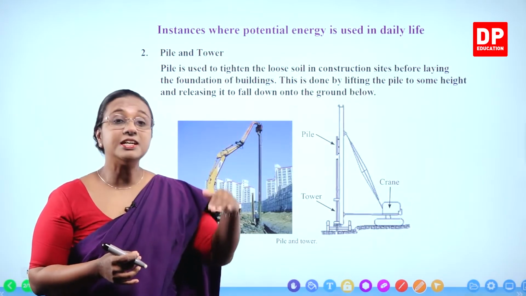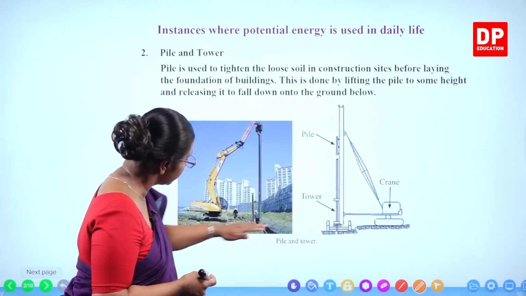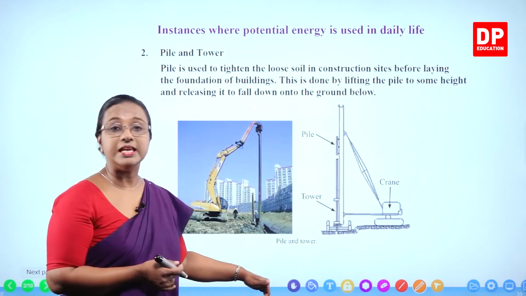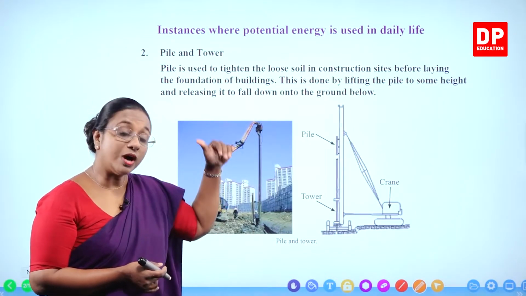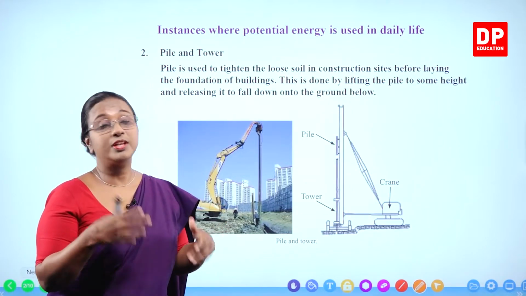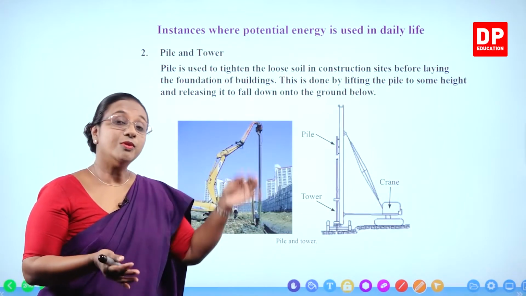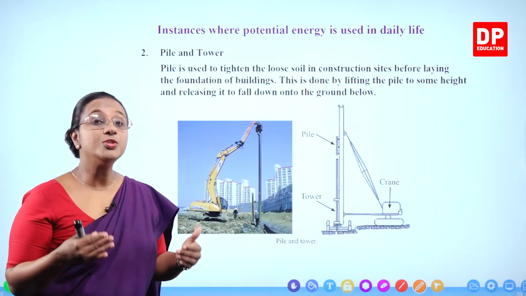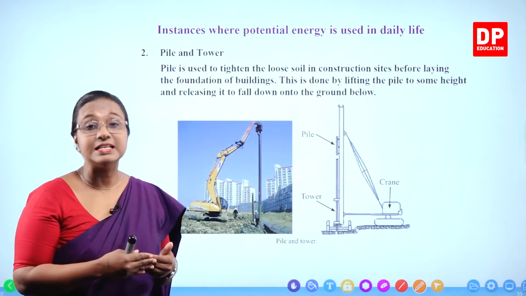So, to insert those piles into the soil, now here you can see the ground level, the pile has to go in. You can't just push it in or grind it and rotate it into the ground. You have to push it with a force or with high energy.